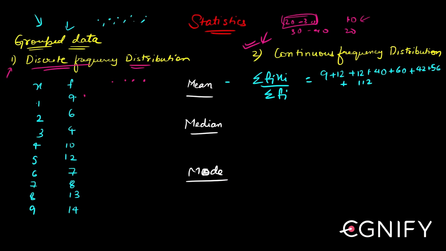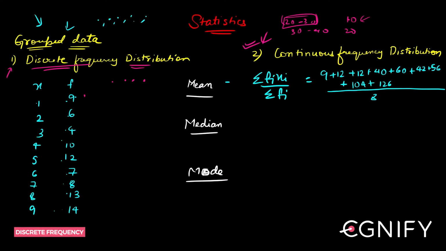I beg your pardon. 8 into 13 is not 112, it's 104. So 104 plus 126 is what you have, right? This 9 into 14 is 126. This divided by the summation of the frequencies. So when you sum up all these frequencies, what you finally get is 83, right?